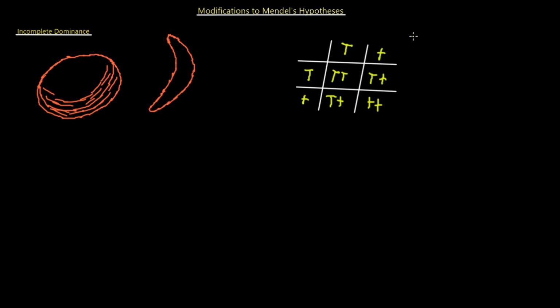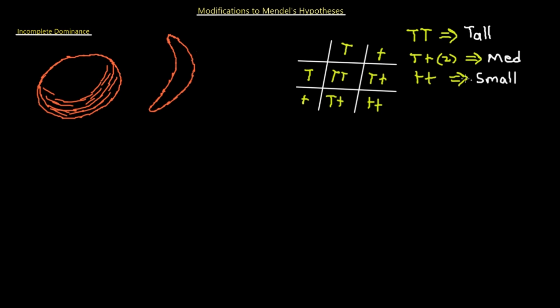So if we take a look at the genotypes, we're going to end up with 1 tall individual, 2 heterozygous, and 1 homozygous recessive. And the phenotypes that they would produce are tall, medium height, and small.